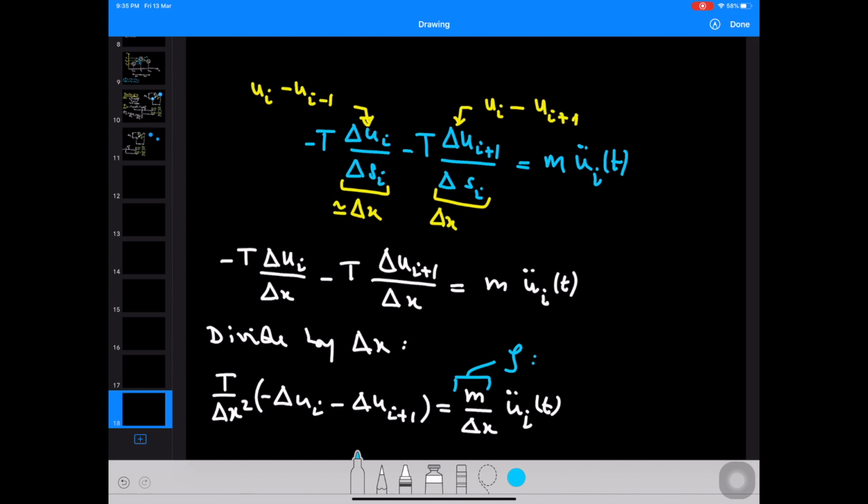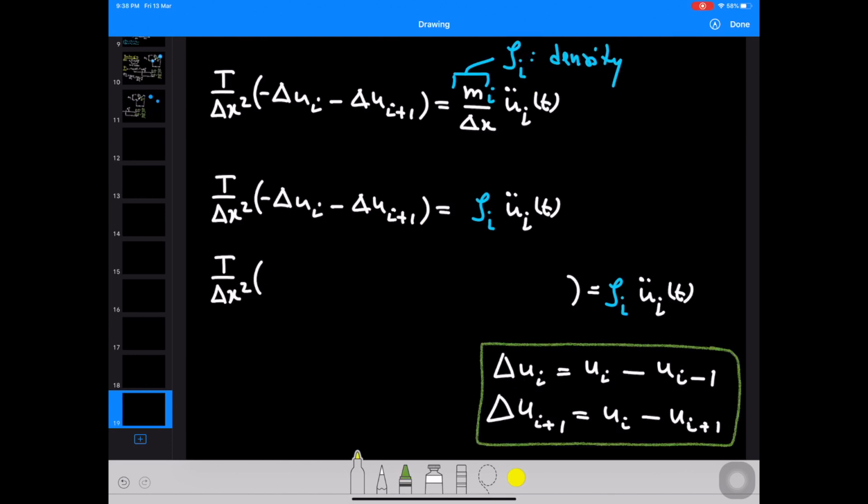Rho is the density. Rho_i is the density at point mass i. Remember, this is just point mass i. So I have substituted m_i over delta x with rho_i, and now I want to expand minus delta u_i minus delta u_i plus 1.